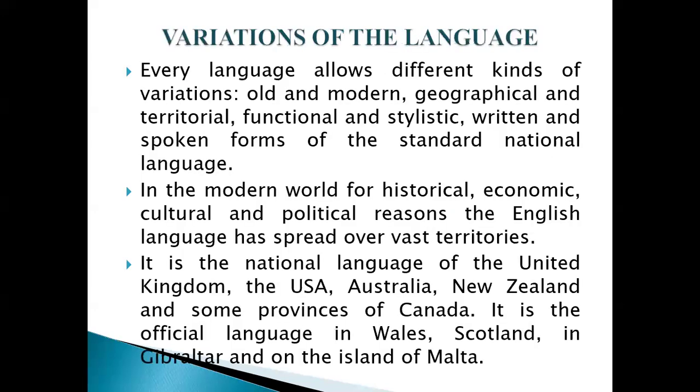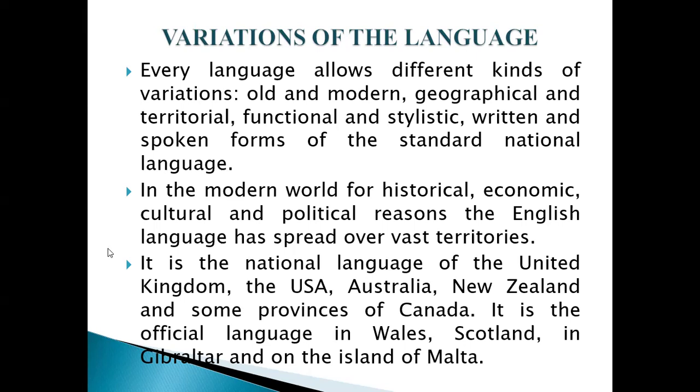So, variants of the language. Every language allows different kinds of variation, old and modern, geographical and territorial, functional and stylistic, written and spoken forms of standard national language. In the modern world, for historical, economic, cultural, and political reasons, the English language has spread over vast territories.